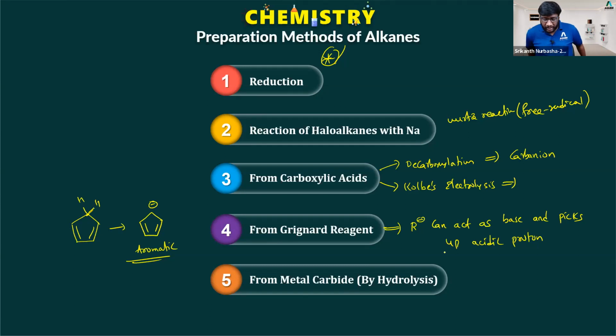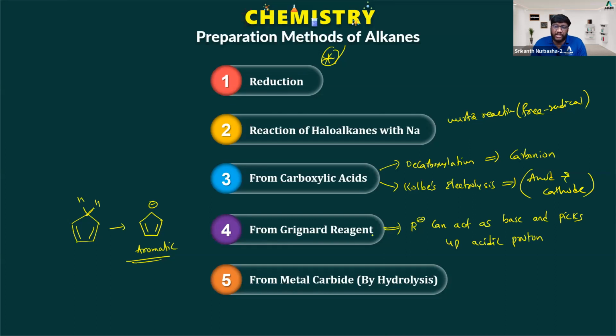So these are the different ways we can look at broadly. In the reduction, we have hydrogenation, and we can also think of metal reduction. Also Wurtz reaction, free radical path. Carboxylic acid decarboxylation, carbanion is formed. Kolbe's electrolysis, anode and cathode, we have different sets of products. pH is also going to change at the cathode. How is it changed and how is it not changed?